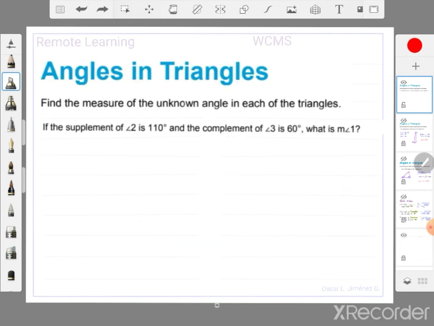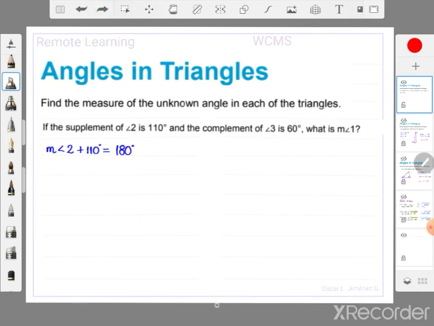So now, in the exercise, we have this. The supplement of angle number 2 is 110 degrees. So let me write right here. The measure of angle number 2 is not 110, because 110 is the supplement of angle number 2. So that means that if you add the measure of angle number 2 plus 110, you are going to have 180 degrees.